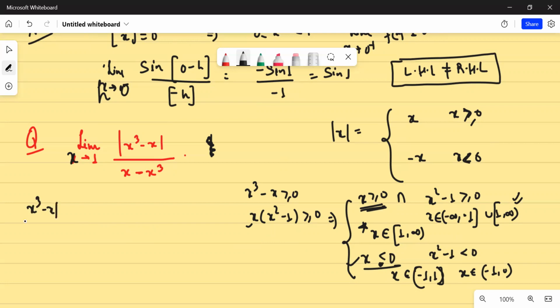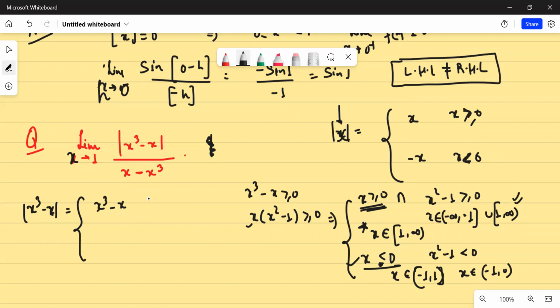So this modulus of x cube minus x I can write simply as x cube minus x, because if the argument written inside is positive, then you can return it as it is. Like modulus of x, you can simply write as x only. And modulus of x cube minus x you can write simply as x cube minus x here.